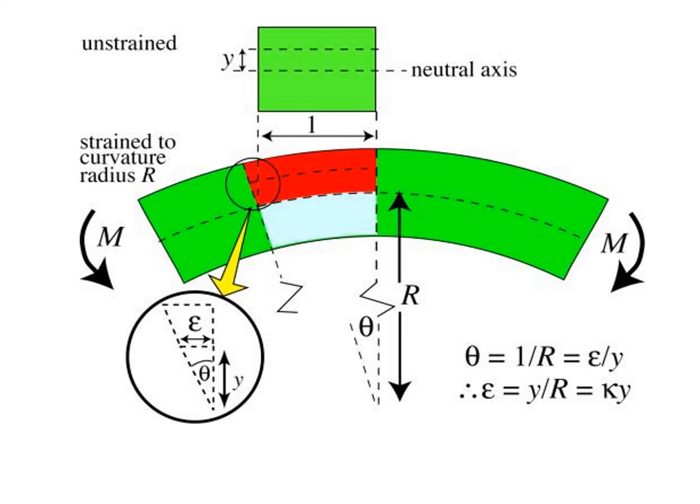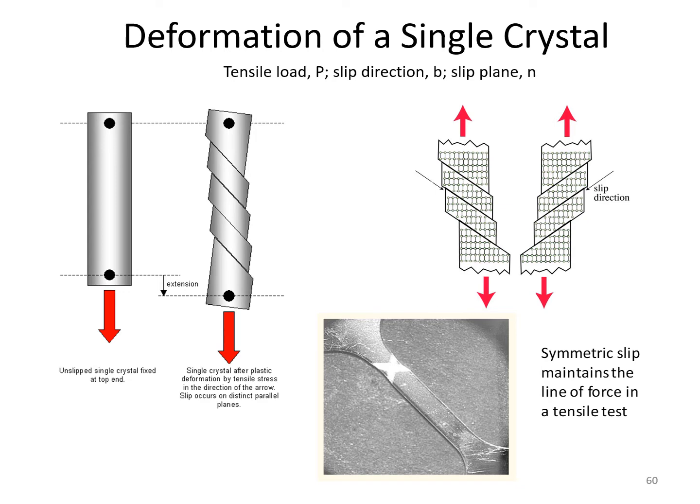So in a tensile test, what happens is you might get some elastic distortion of the lattice, but that is relieved by the generation of a new slip system.